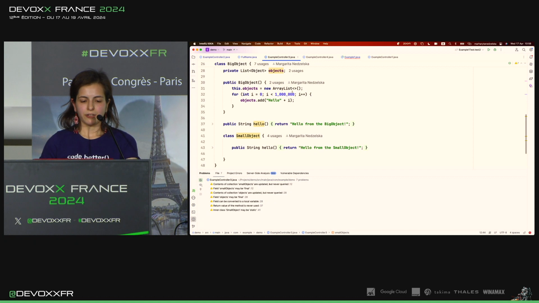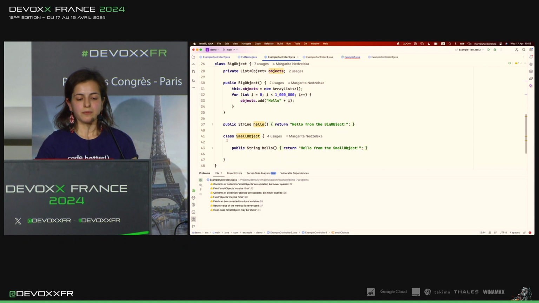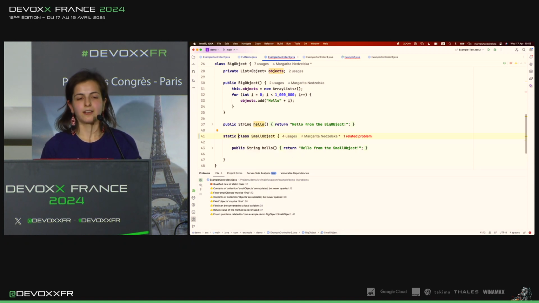And we can see that BigObject has 1 million strings there, and they're all in your memory. So just by forgetting static here, we created a huge memory leak that even Visual VM could not help me to investigate.